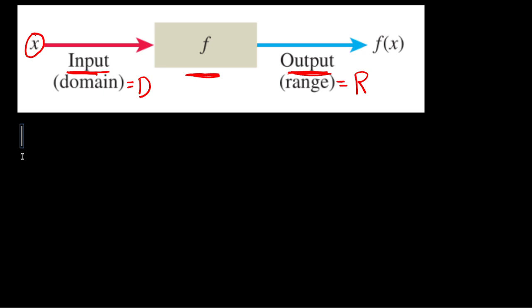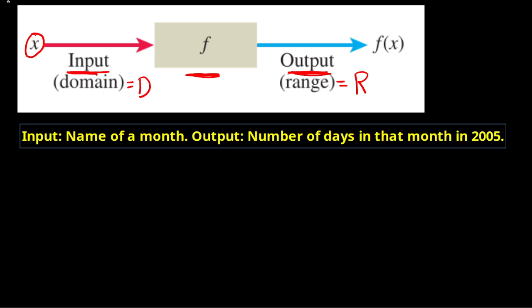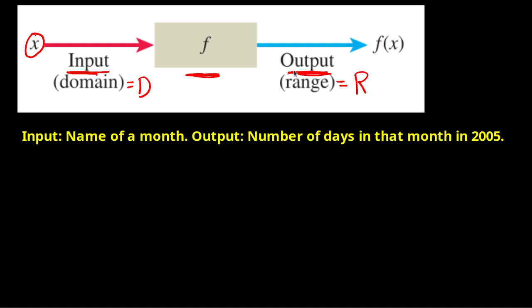Here I have a statement. You have to tell me whether this statement is a function or not. The statement is: your input value is the name of a month and your output value is the number of days in that month in 2005.